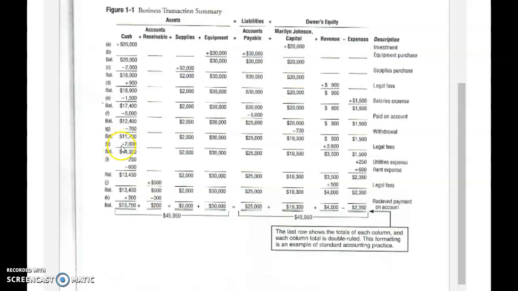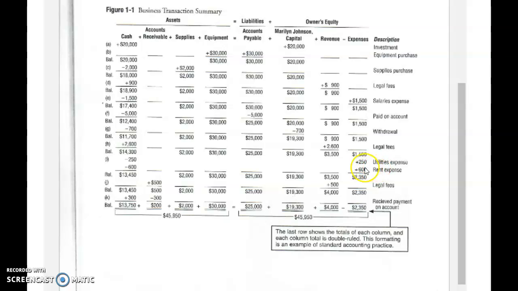The next one is legal fees, like the one before. You received cash for legal fees, so you have increased cash, you have increased revenue. And then you will do that for each one. This one, you've paid 2 expenses. And if you pay 2 expenses in one transaction, you want to always show them separate.